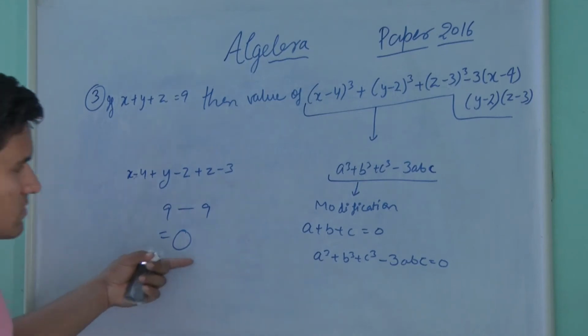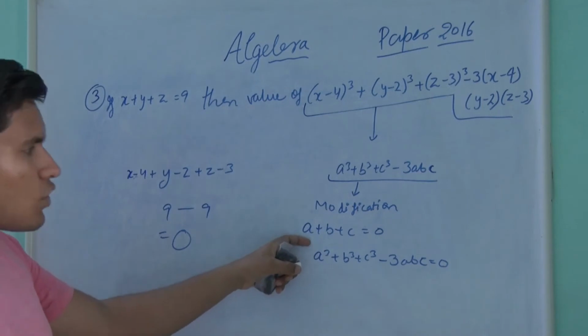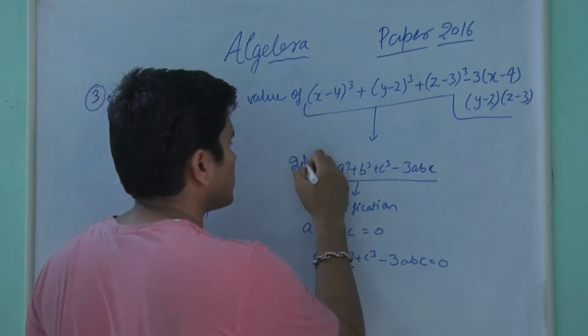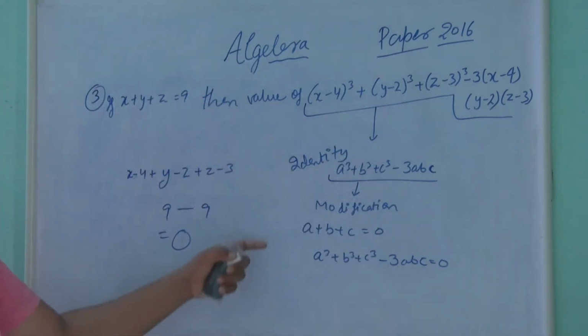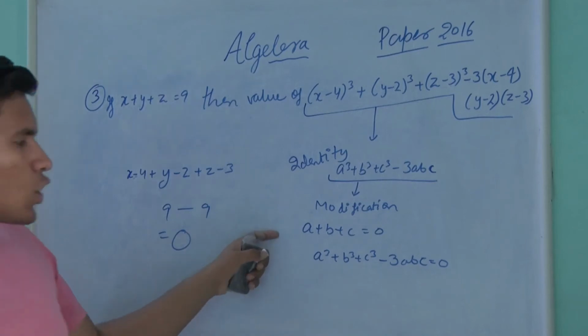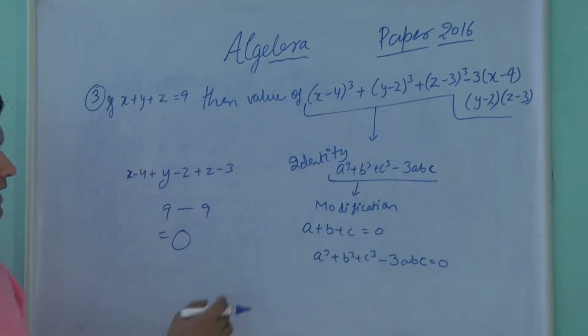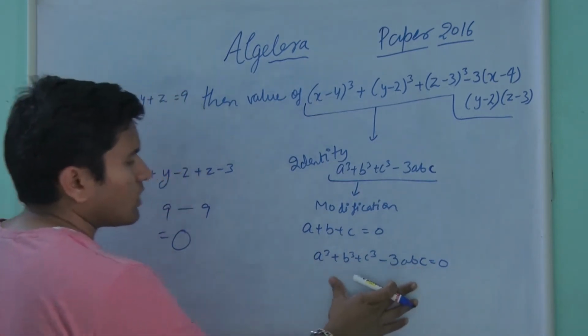So this part satisfies the condition of the modification of the identity: if a plus b plus c equals 0, then a cube plus b cube plus c cube minus 3abc will also be 0.